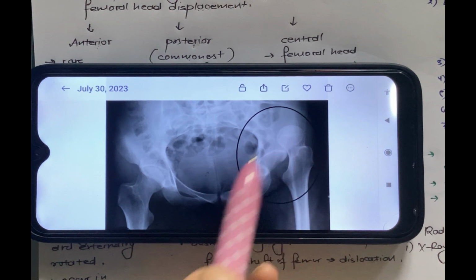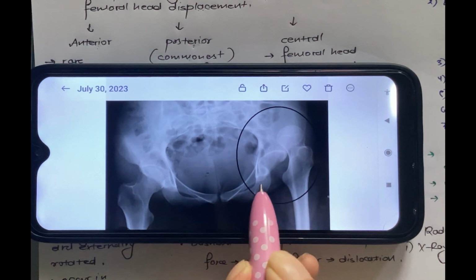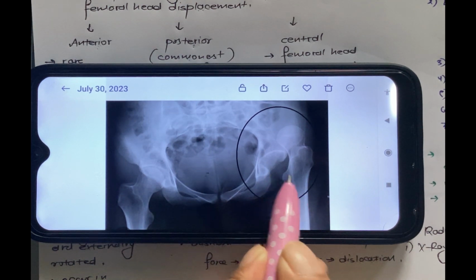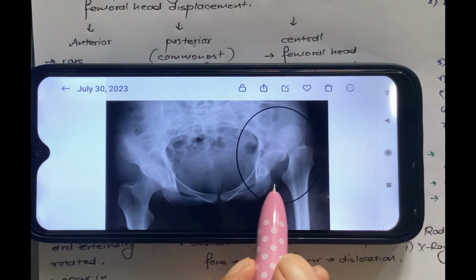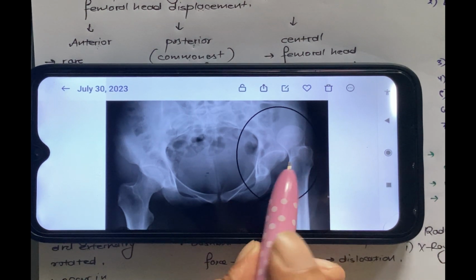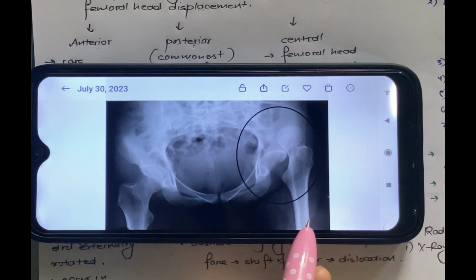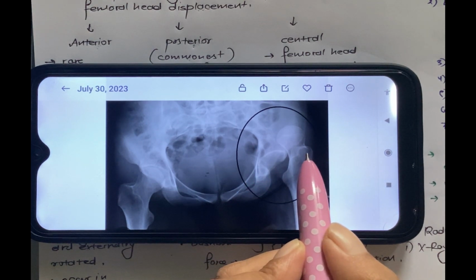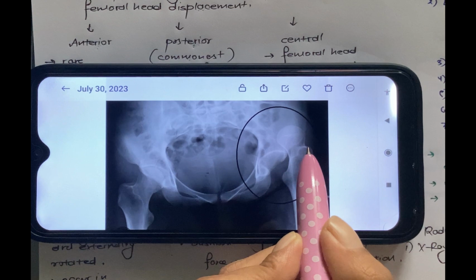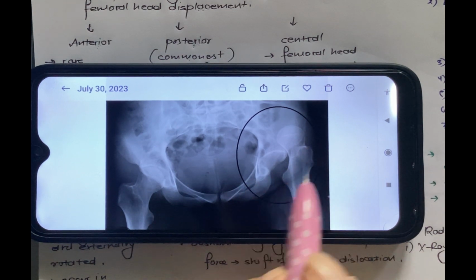There is breakage in the Shenton's line, and since the thigh is internally rotated, there is prominence of the greater trochanter. We can see that the greater trochanter is very much prominent.